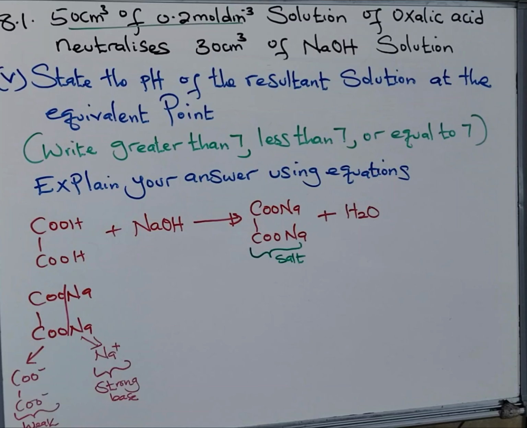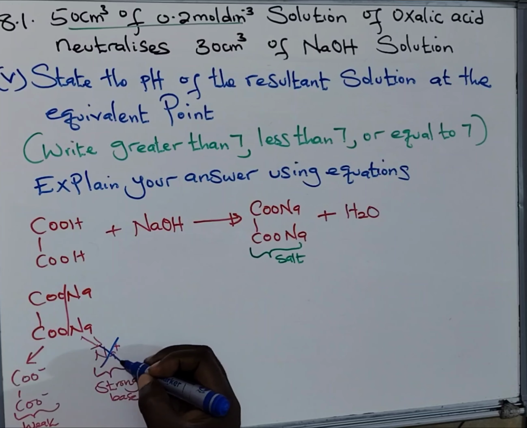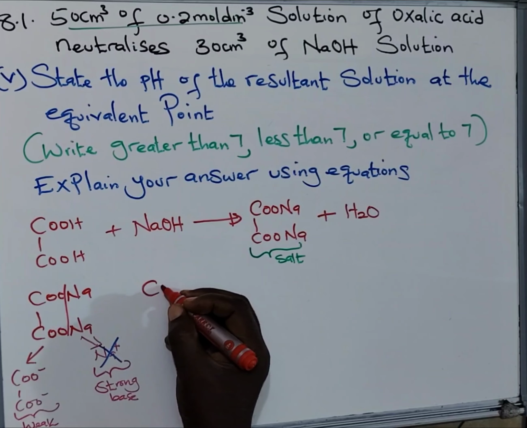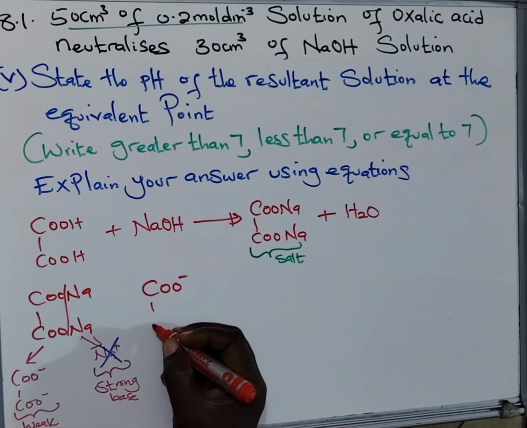So in that case, we have to know that ions from a strong base or acid do not undergo hydrolysis. That leaves us with only one ion, which is what? Oxalate ion. So it's the one which is going to react with water.